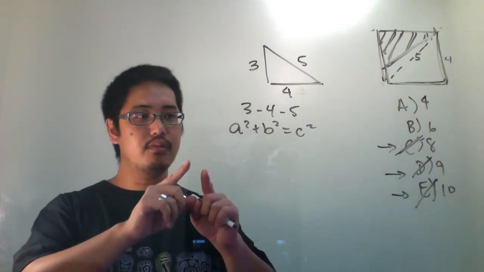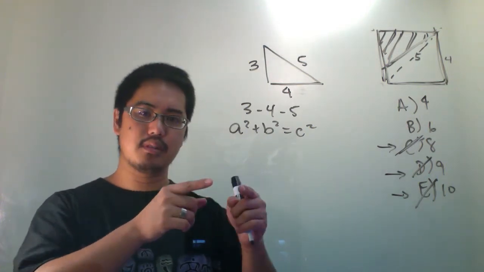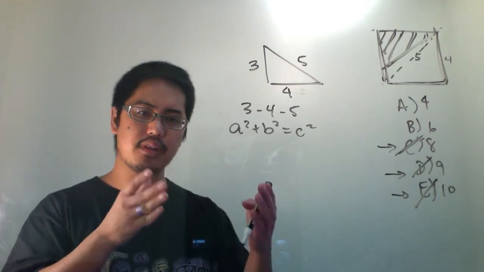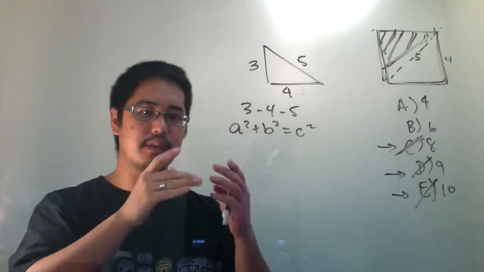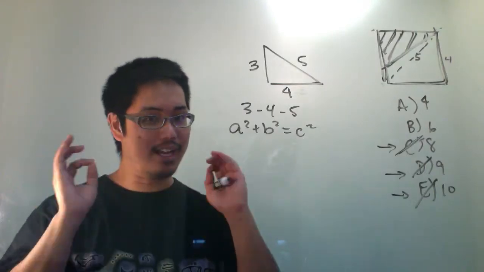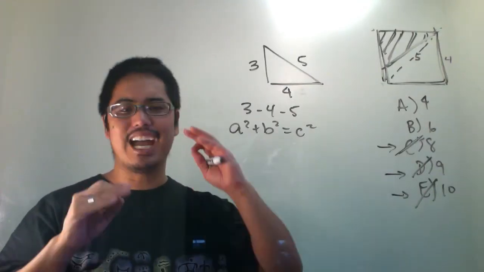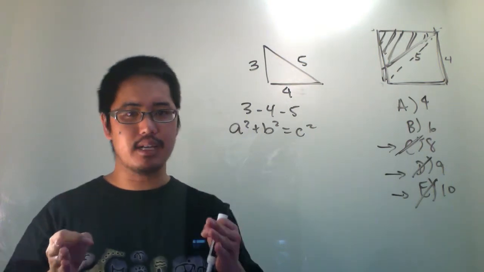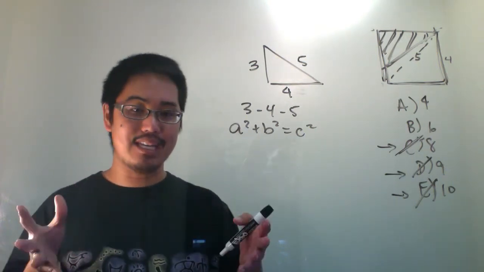There are a few groups of numbers, like 3, 4, 5, and 5, 12, 13, and a few others that I can't think of off the top of my head, but I know 3, 4, 5. That's the one that I always see, and I guarantee that this 3, 4, 5 triangle will rear its ugly head at least twice on any big standardized test you take.